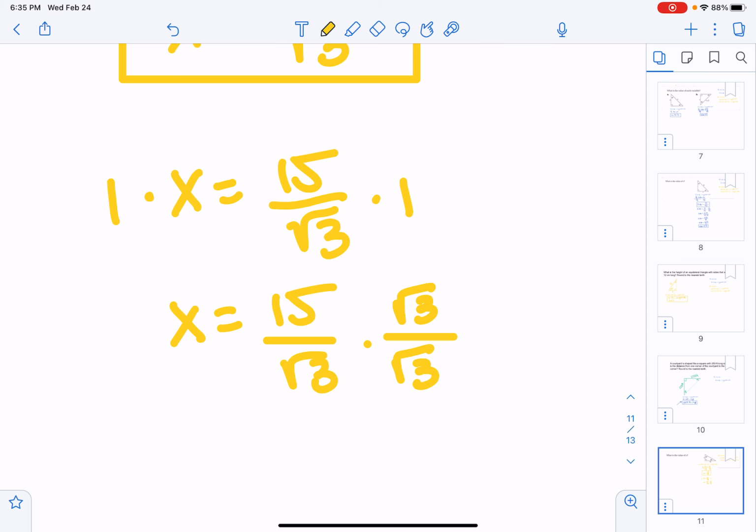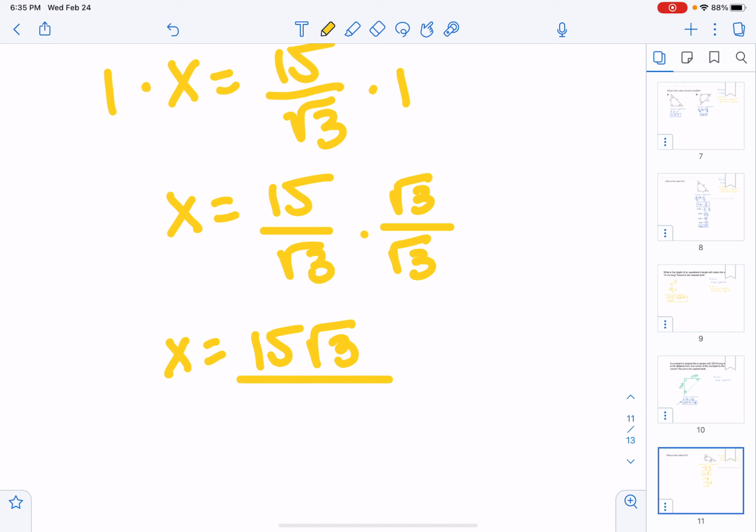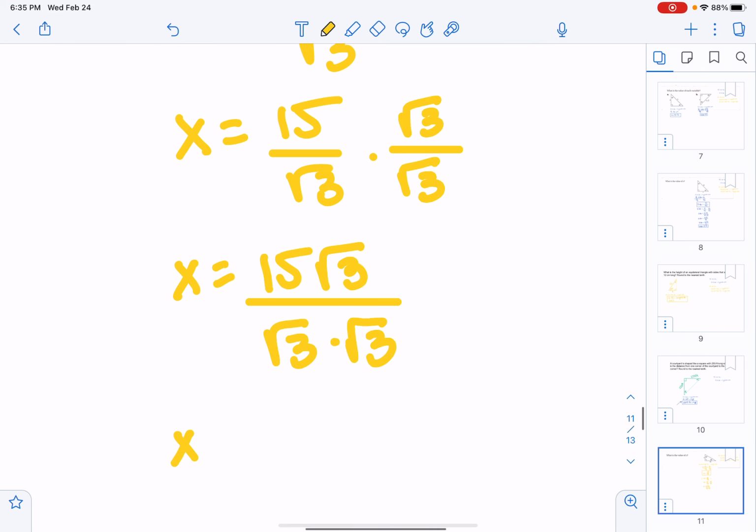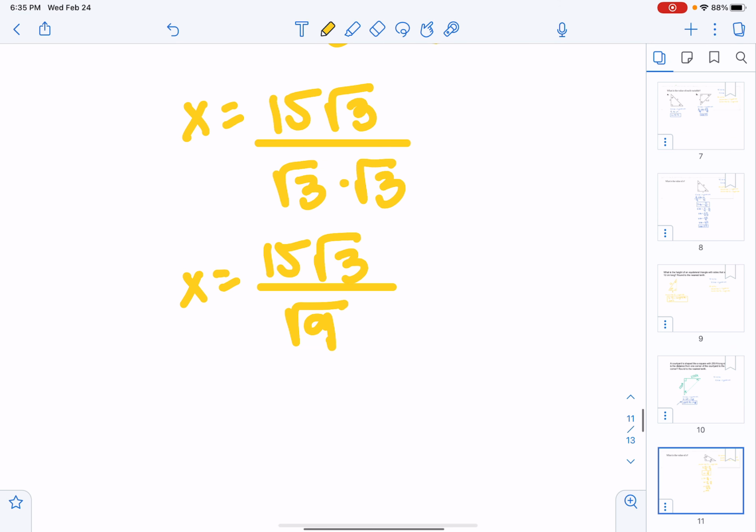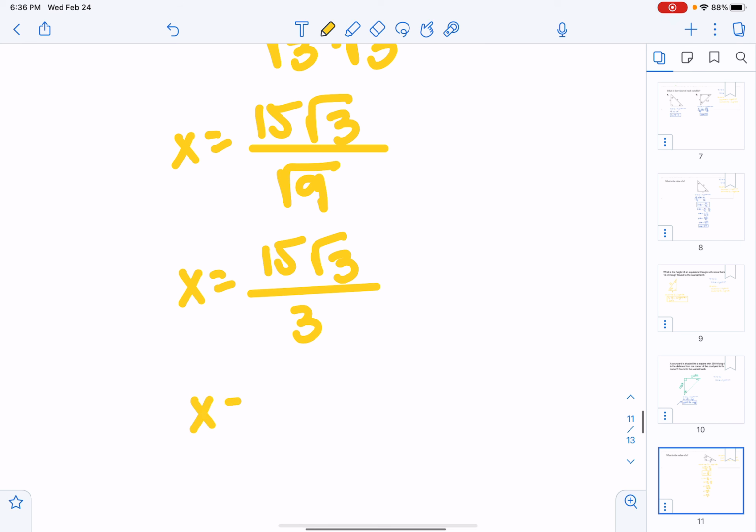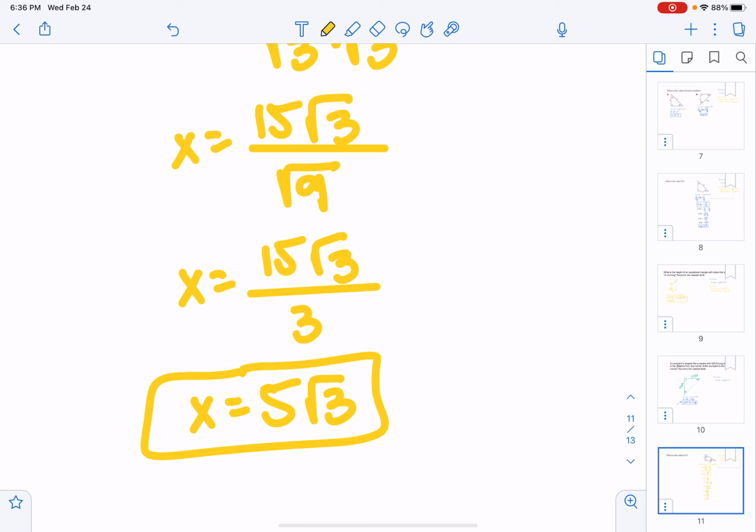So I'd have 15 times the square root of 3 over the square root of 3 times the square root of 3, which would be 15 square root of 3 over square root of 9. The square root of 9 is the number 3, and 15 divided by 3 is 5. And so this is the answer that the ACT would have.